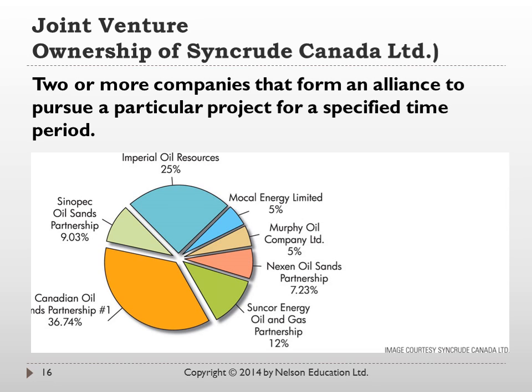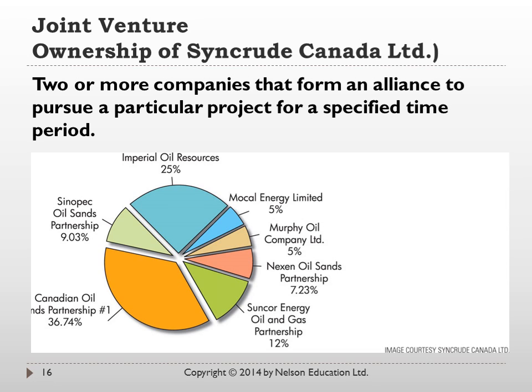There are some very large joint ventures, such as Syncrude Canada, and there are various companies that have formed a joint venture with the purpose of exploring the oil sands and that sort of thing in Canada. And so there's a large number of companies, separate corporations, that have formed together for that special purpose. In Manitoba, I see a lot of joint ventures between farms.